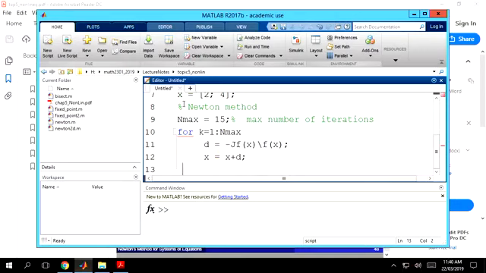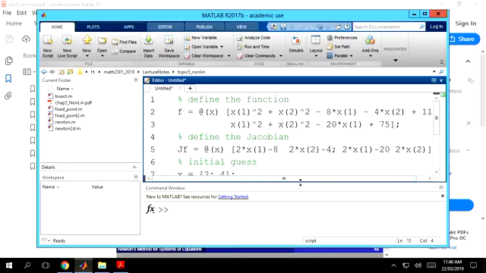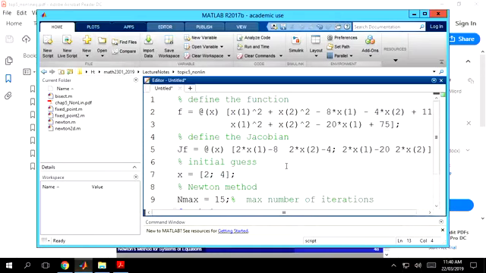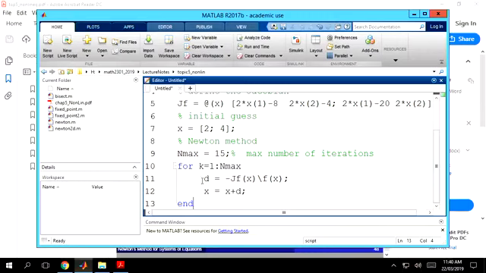And that's it. So this is the formula. Okay? And let's see whether it works or not. You define the function, yeah? Define the Jacobian, and then you define the formula. Okay? So now, whether this works or not, yeah? So save it.